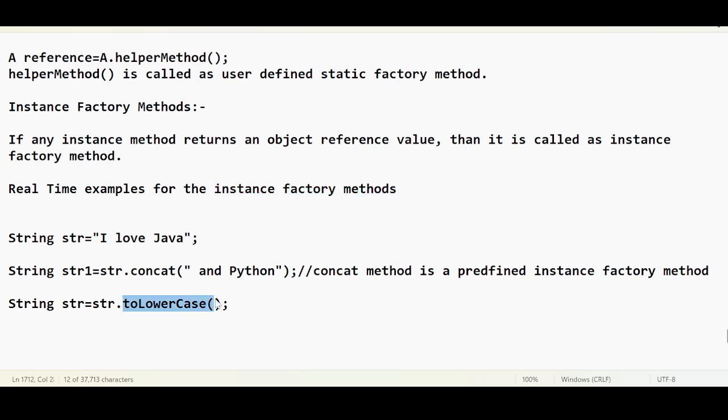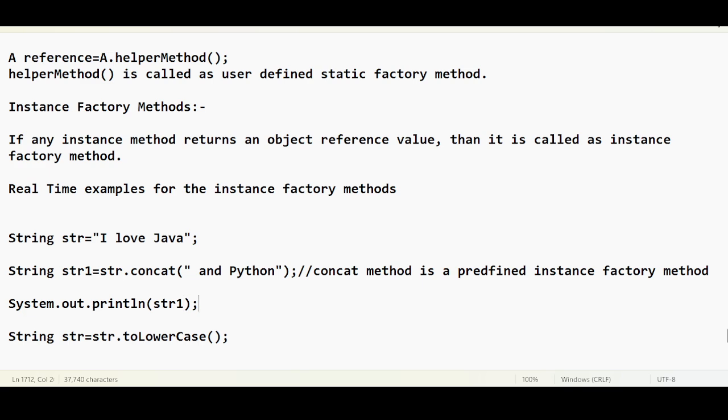The moment I do this, I'm using something like toLowerCase. This toLowerCase is specifying a method. What kind of method? It is specifying a predefined instance factory method. The moment this method has been used, when you try to print System.out.println(str1).